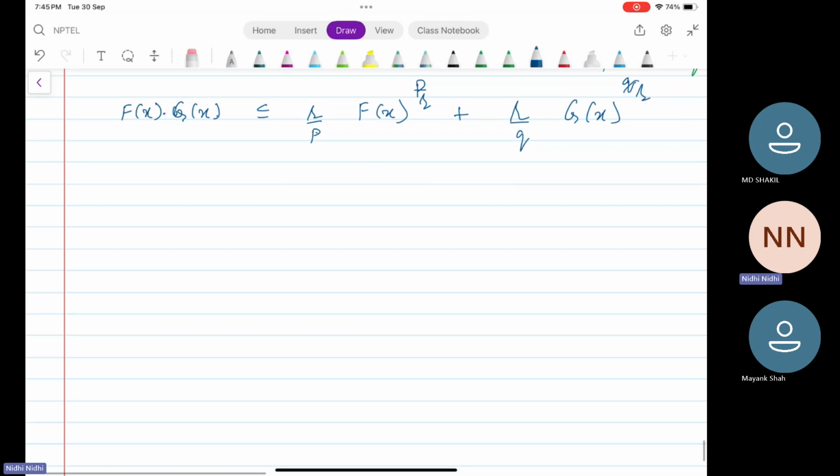Next, we can integrate both sides. As done for step functions, you can do that for general integrable functions: if f(x) is less than or equal to g(x), then their integrals also satisfy the same inequality.